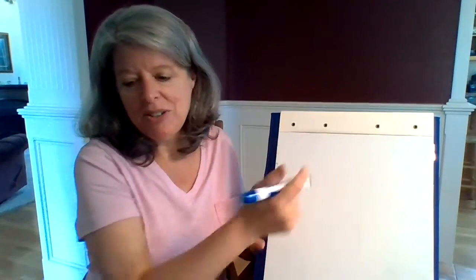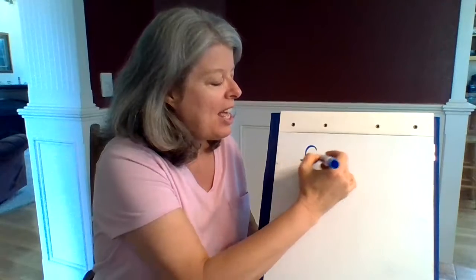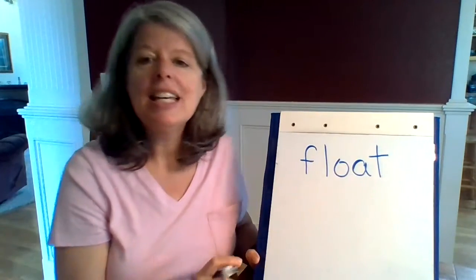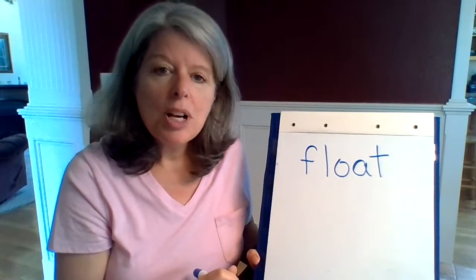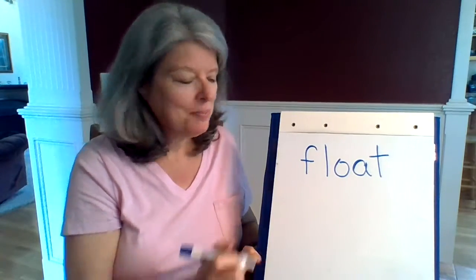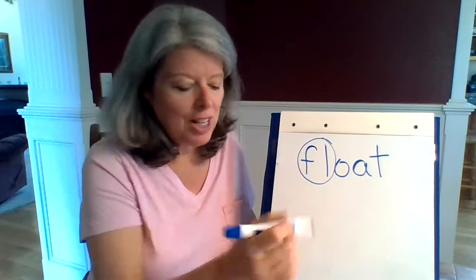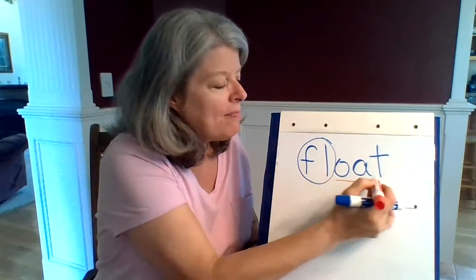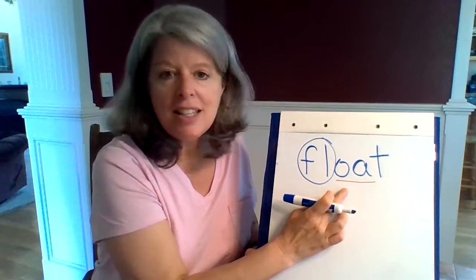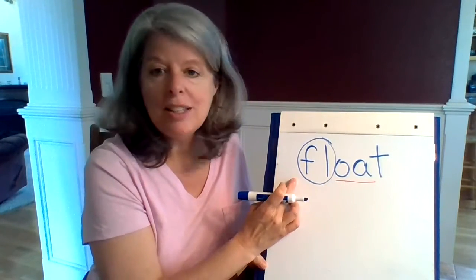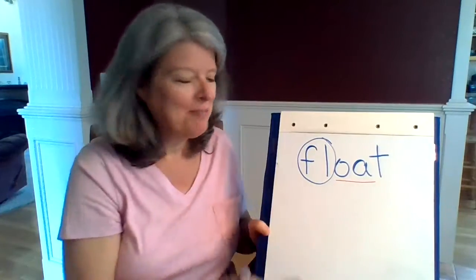Write these letters down. F, L, O, A, T. What consonants can we circle? FL says fl, the vowel, underline. OA says O, the long O sound, and the word is float.